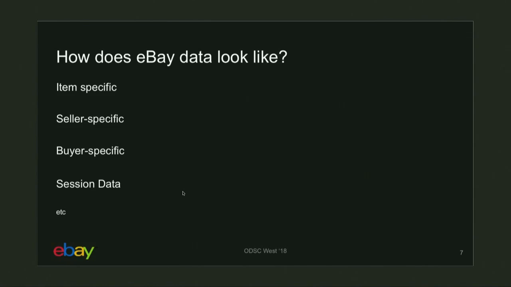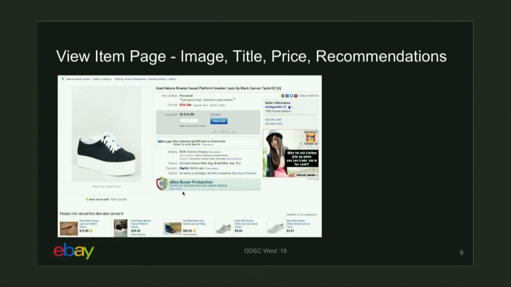Maybe they are very frequent buyers or not that frequent, and so on. Also session data. When somebody searches for a query, depending on the location or time, season, or other user characteristics, what kind of path do they take during the journey when they come to our site? Specifically, item-specific data, because that's what we currently use to train our visual search system.